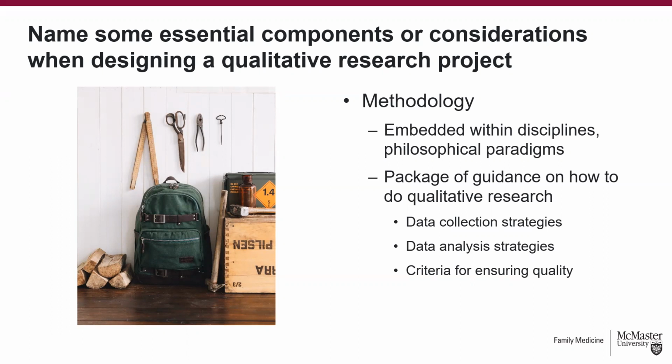But what a methodology typically is, is a package of guidance about how to do qualitative research. Each methodology will have particular guidance about how you would collect data and how you're going to analyze that data. They'll have particular criteria for ensuring quality, all in a congruent package that you can work with, these different pieces all together.